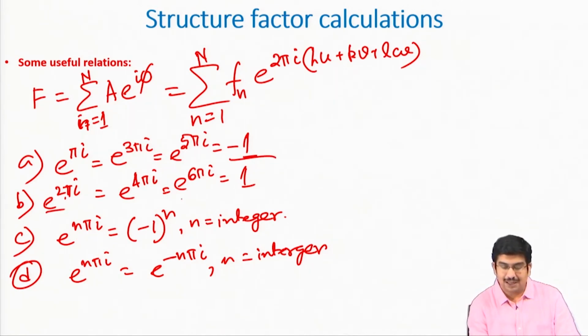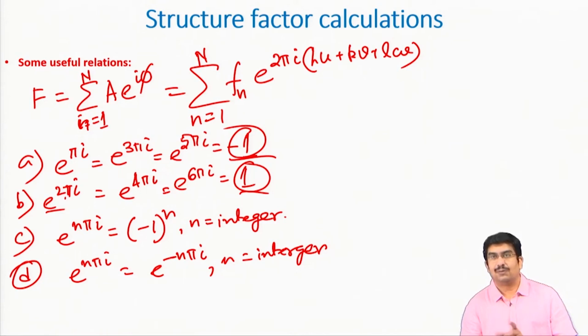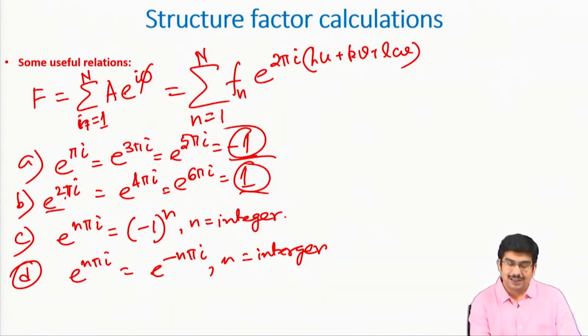If n is an even number, the value will be 1. If it is an odd multiple of pi, then this will be minus 1. And also e to the n pi i and e to the minus n pi i are the same, with n being any integer. So, e to the pi i equals e to the minus pi i.